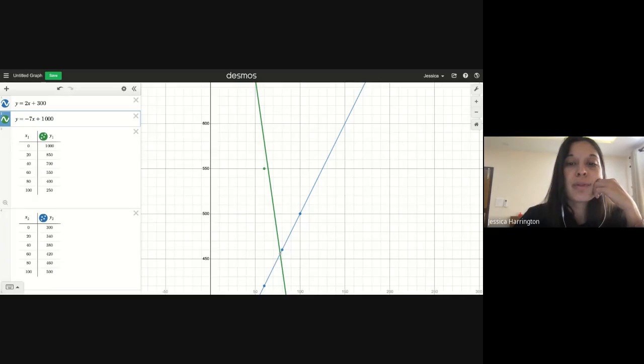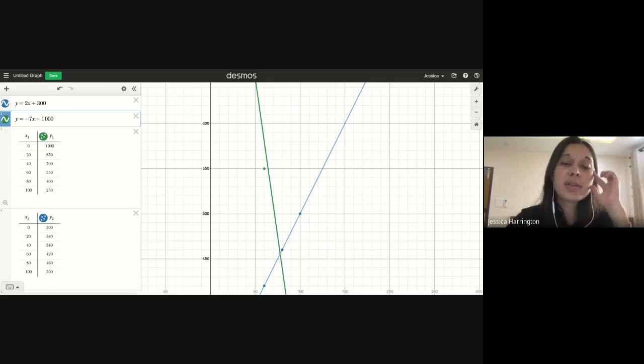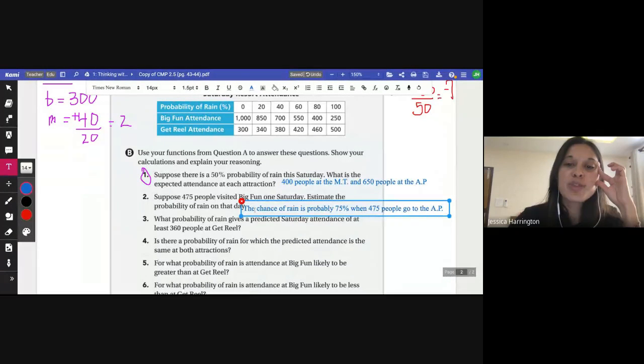So the chance of rain is probably 75% when 475 people go to the amusement park. So once you graph it in Desmos, you actually don't have to do anything else. Oh, I realized I didn't share this tab. So I just typed that right here.